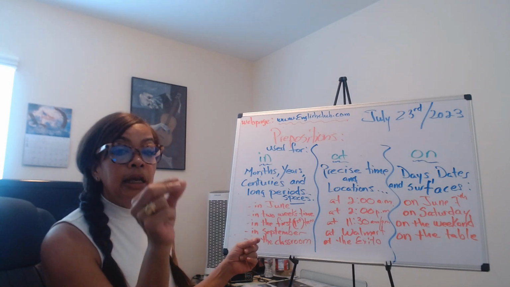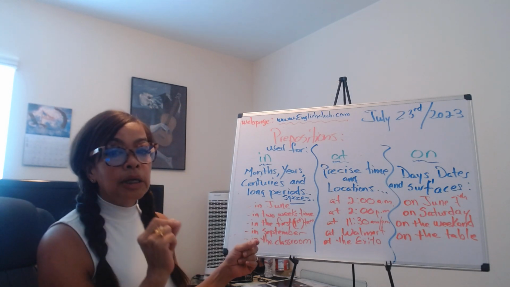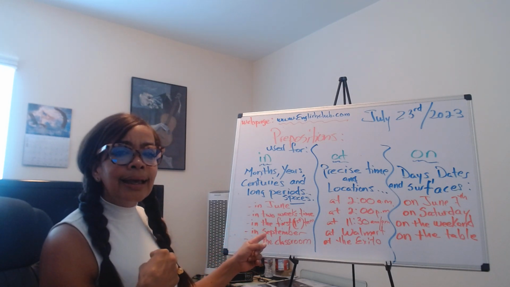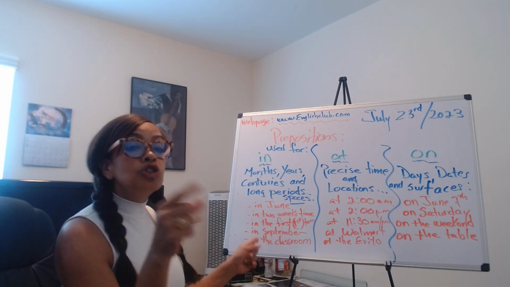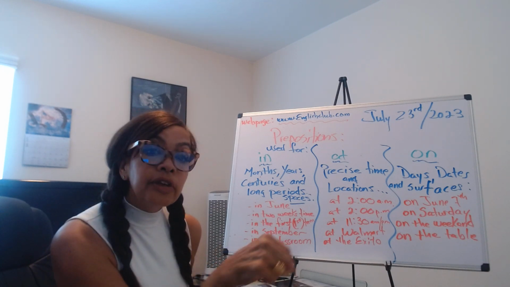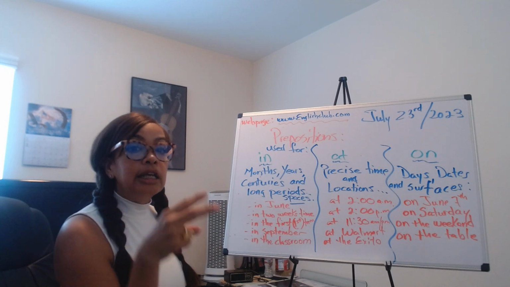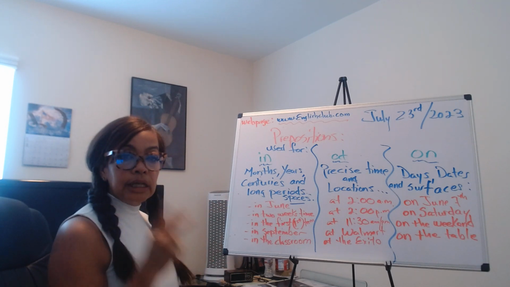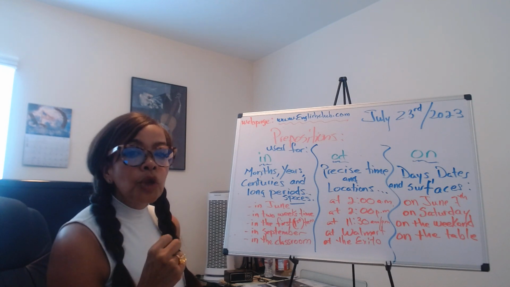Me demoré 2 semanas para conseguir ese trabajo, right? But I can say, in 2 weeks' time of living in Houston, I got a job. In 2 weeks' time, right?